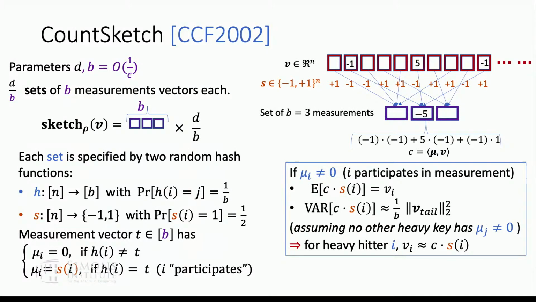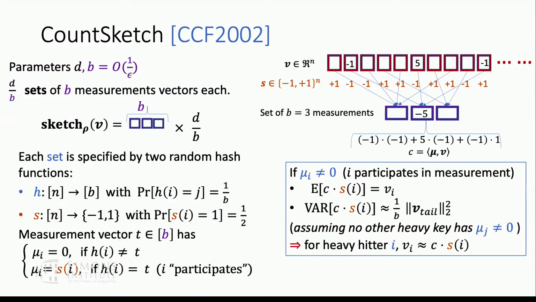They will contribute with essentially a random sign. So the expectation of that bucket multiplied by the sign is the value of the key, and the variance depends on the L2 norm of the tail. If the key is heavy enough, its value will be much larger than the noise, and the bucket will be very close to the value of the heavy hitter.